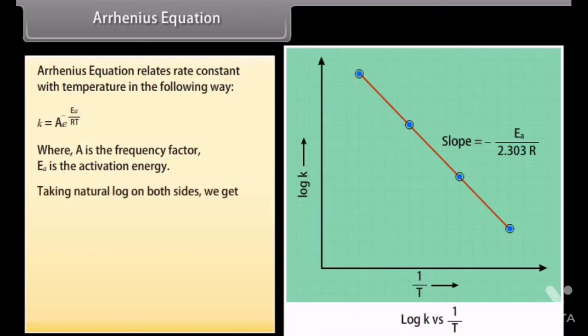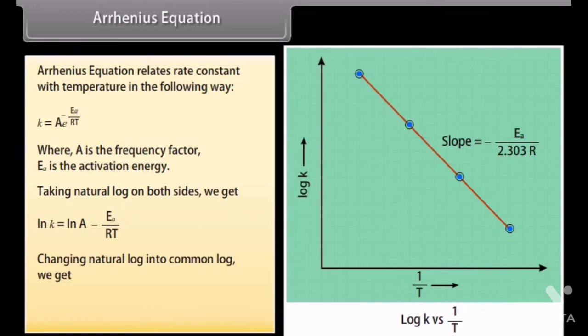Taking natural log on both sides, we get ln K is equal to ln A minus Ea upon RT. Changing natural log into common log, we get log K is equal to log A minus Ea upon 2.303 RT.